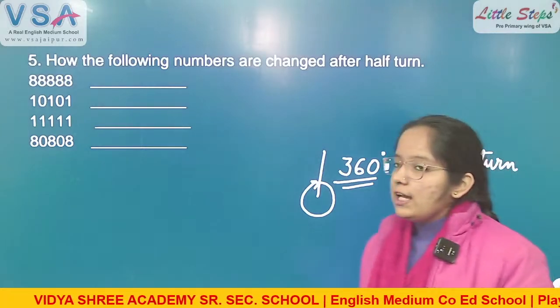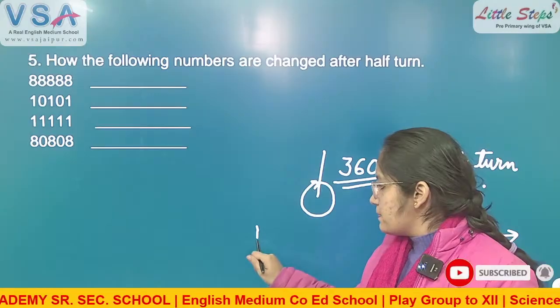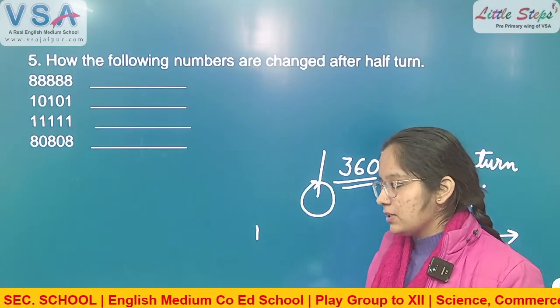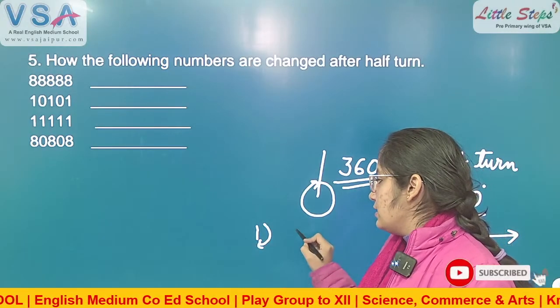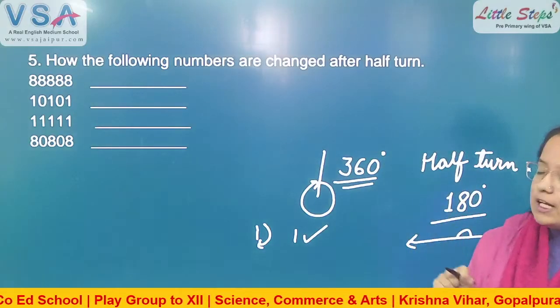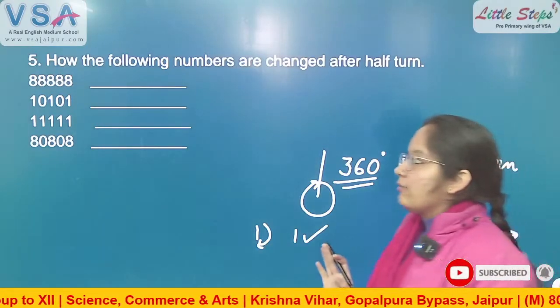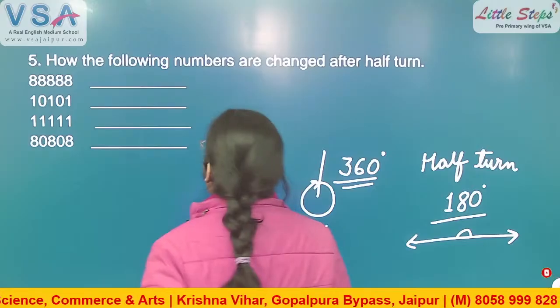We have already seen that when we write one like this, it doesn't change. It actually remains the same. Here we have seen that 8, 0 and 1 will remain the same no matter the turn we are giving it, like in half turn and in complete turn.